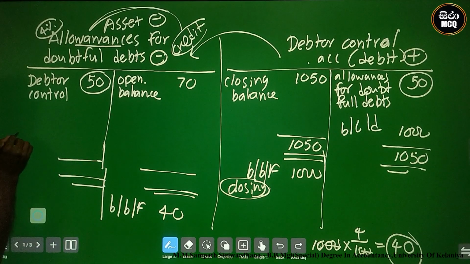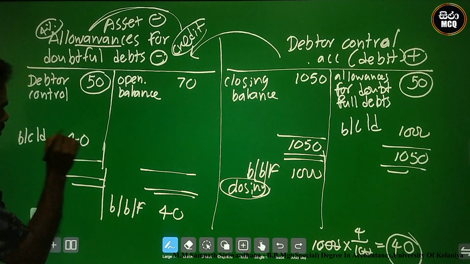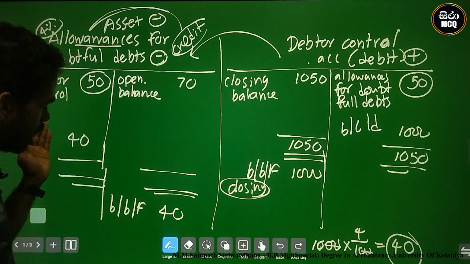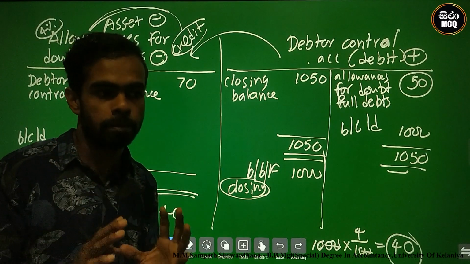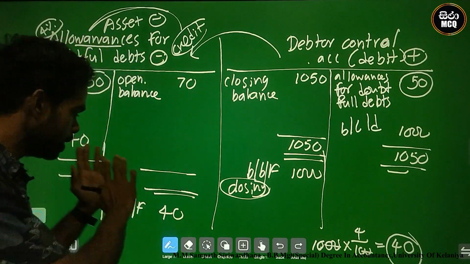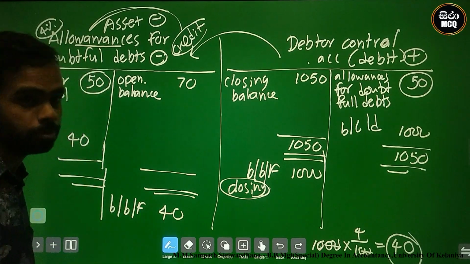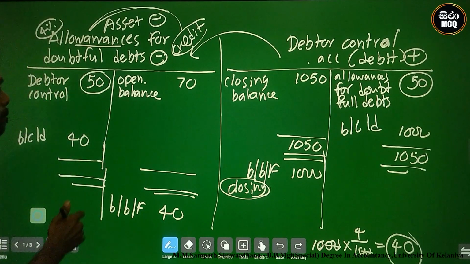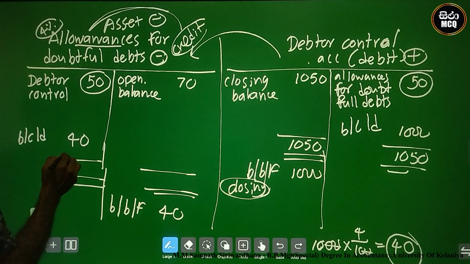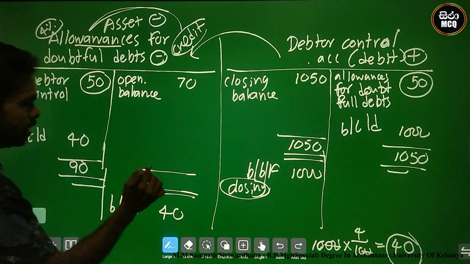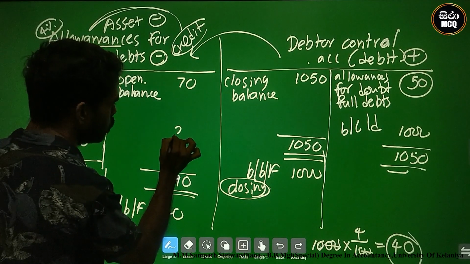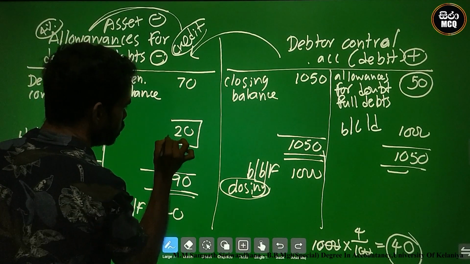Balance carried down 40. This is the finally created allowance for doubtful debts, the unhappy person creation of 40. At this time there is a deficit, there is a 90. There is a 20 space.